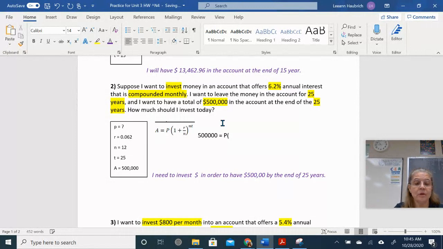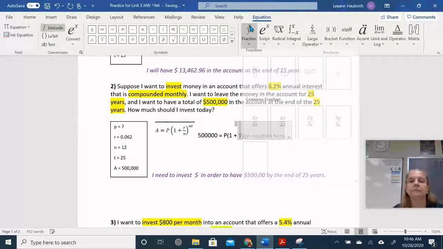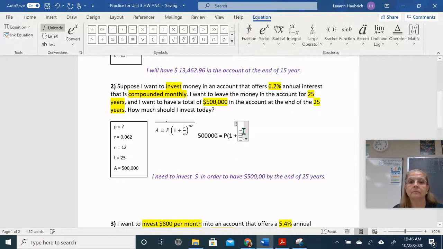But what I do know is the 1 plus my interest rate, let me put it in a fraction, 0.062 divided by 12.